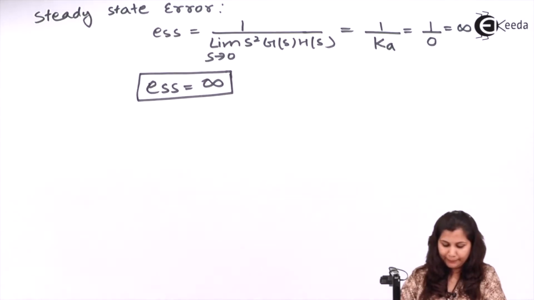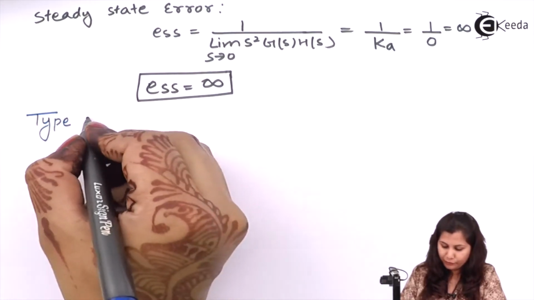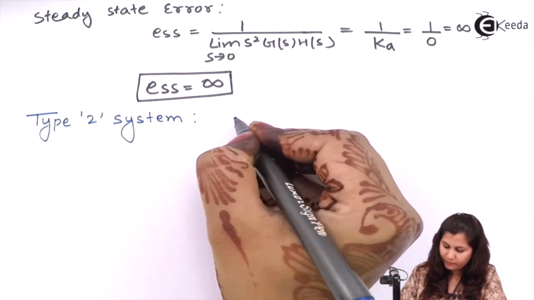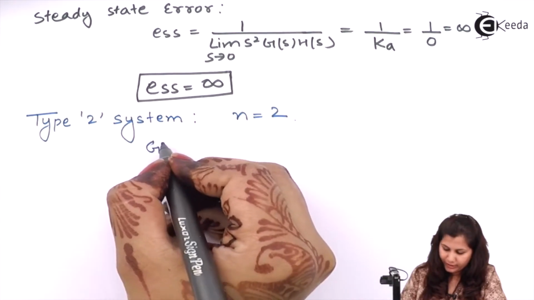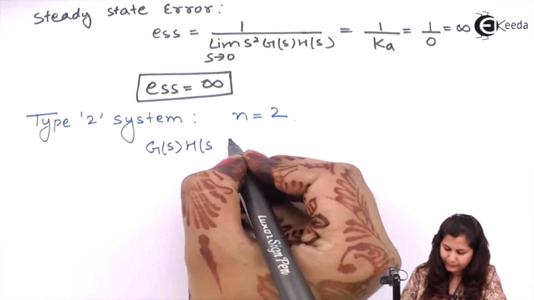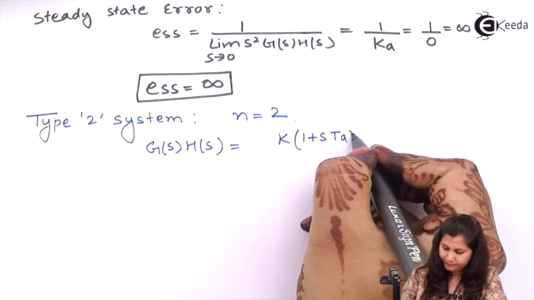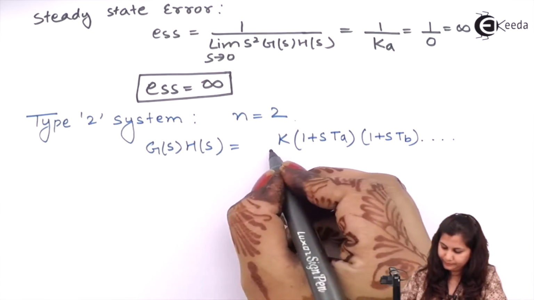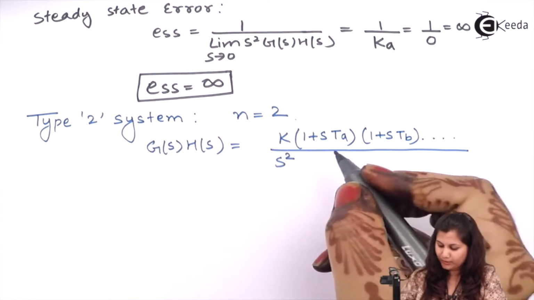So for type 2 system, what will be the open loop transfer function for it? For type 2 system, we have n equals to 2. So its open loop transfer function, that is GsHs, will be K, and here we will have s to the power 2 because it is a type 2 system.